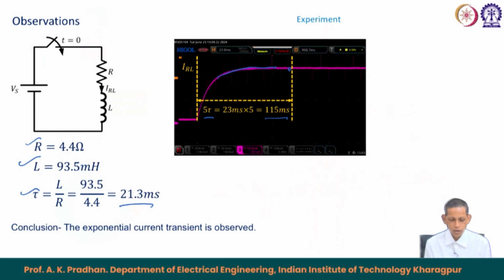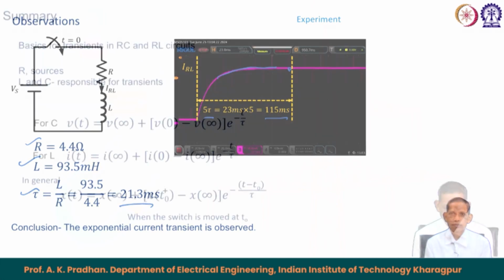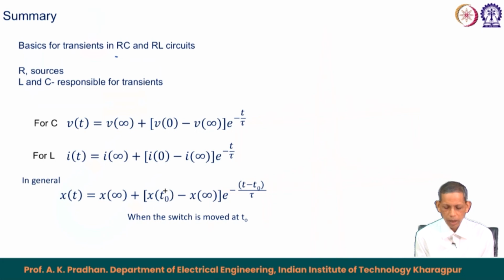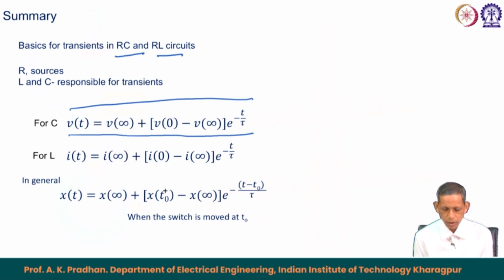So, this shows that the corresponding current through the inductor exponentially increases when the corresponding RL combination is switched on to the source. So, in summary, for the RC and RL transients with source, we say that the corresponding V(t) equals V infinity plus (V naught minus V infinity) e to the power minus t by tau.